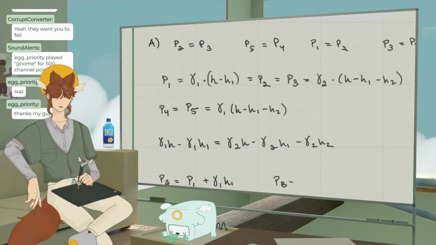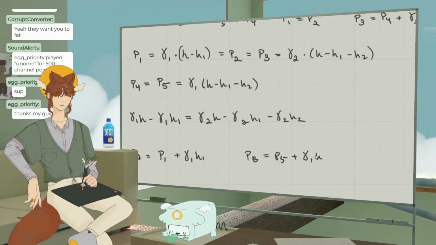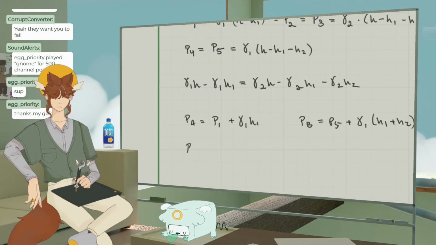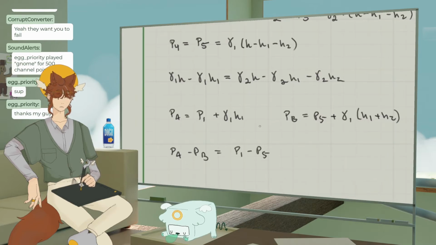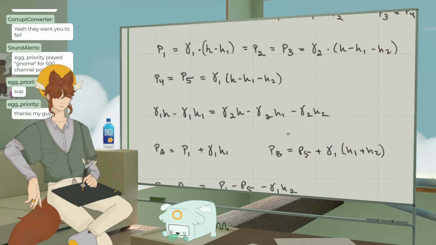And the pressure at B is going to equal, maybe that's how we do it, P5 plus rho 1 h1 plus h2. So if we subtract these, we can start to get somewhere. PA minus PB equals P1 minus P5 minus rho 1 h2. So now we have to figure out what P1 and P5 are.